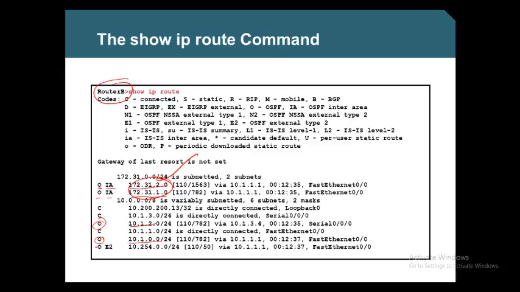And if you see here, OE2, this means this network is coming from another autonomous system. E2, external, OSPF external type 2. See? So what I'm trying to say here is, routers can easily tell you these things.